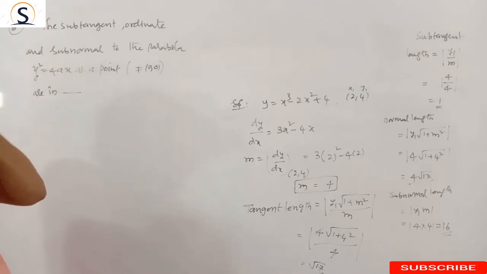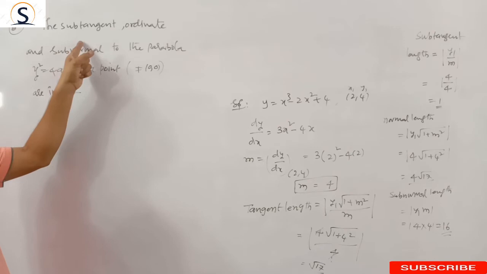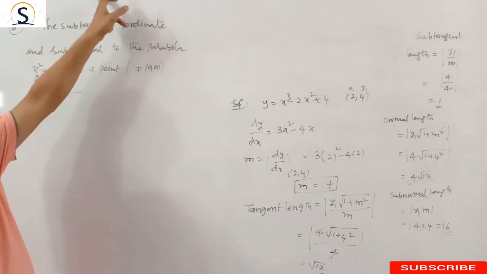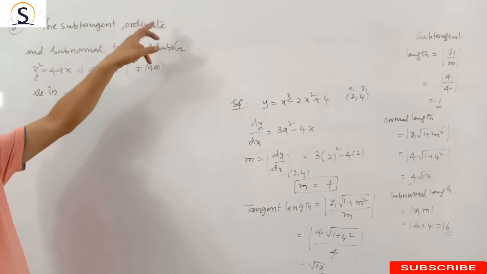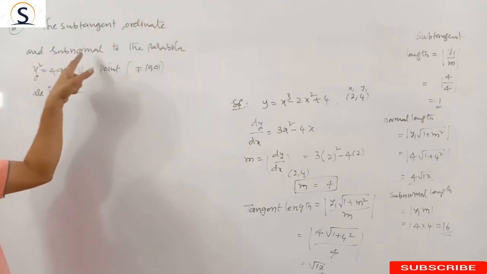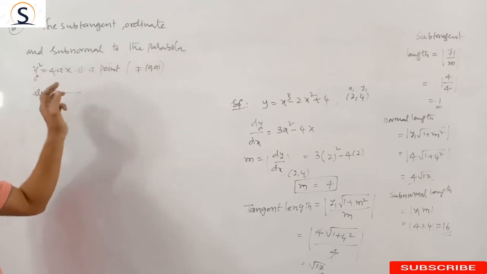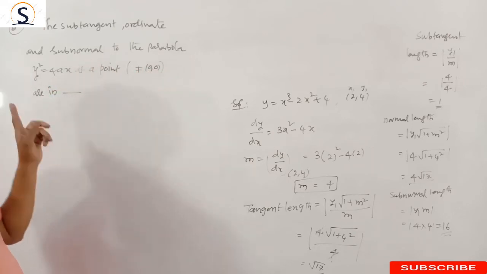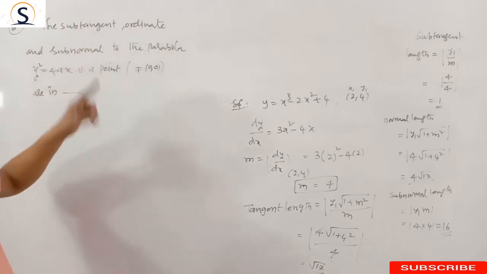He is asking what is the relation between the length of the subtangent, ordinate and subnormal length of the parabola. Ordinate means y coordinate. Suppose if you take x1, y1, then y1 is the ordinate. That point is not the origin. Then what is the relation between these three?